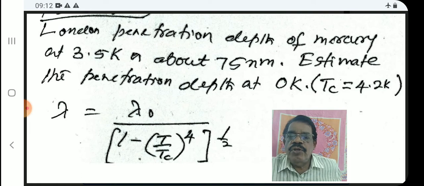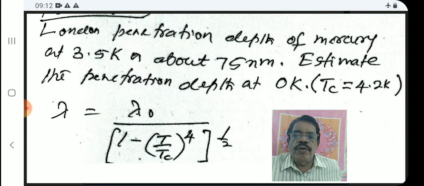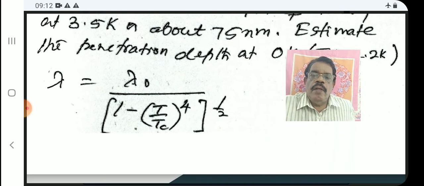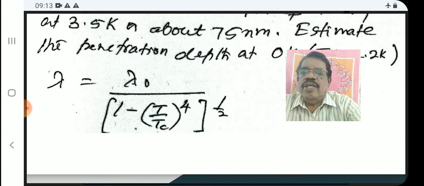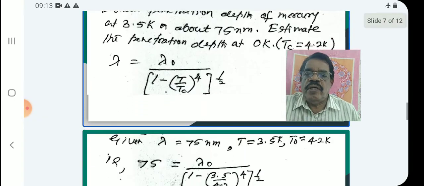Lambda is lambda 0 into 1 minus (T by Tc) raised to 4, raised to 1 by 2. We have written the equation and substitute the values.